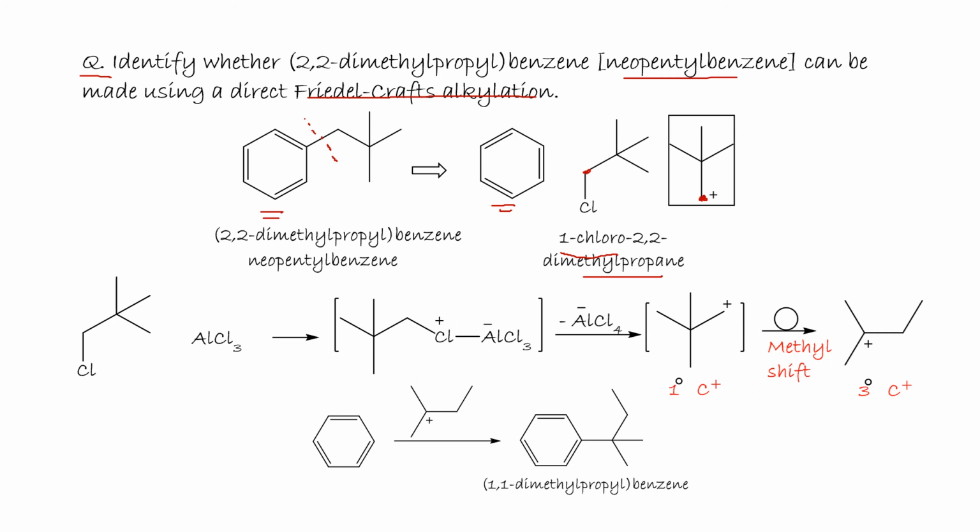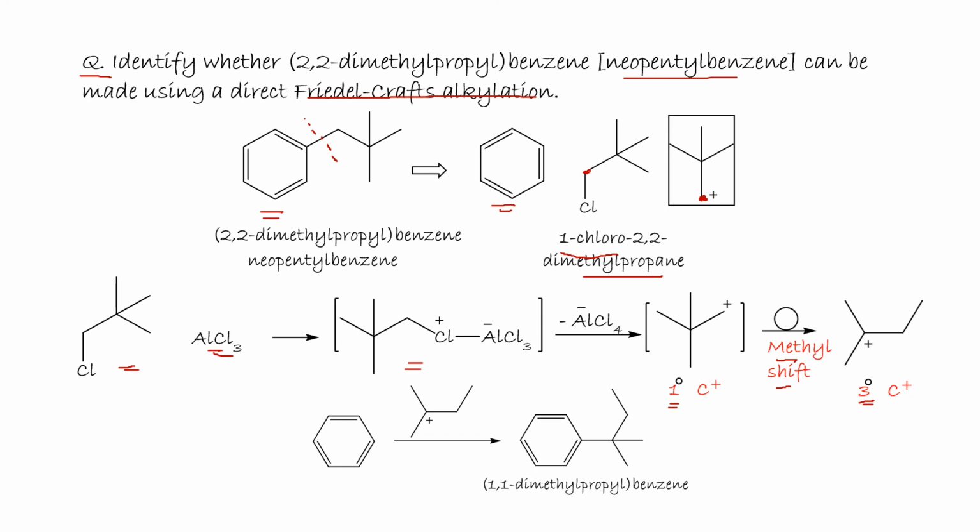Well, if that's the case, this compound, 1-chloro-2,2-dimethylpropane, with aluminum chloride will form this complex, which might dissociate, or we can just look at it as dissociated. It's a primary carbocation. We can get a methyl shift to form a tertiary carbocation, which is more stable.